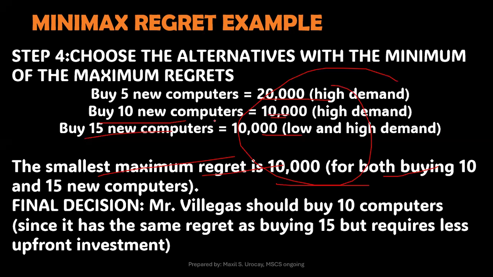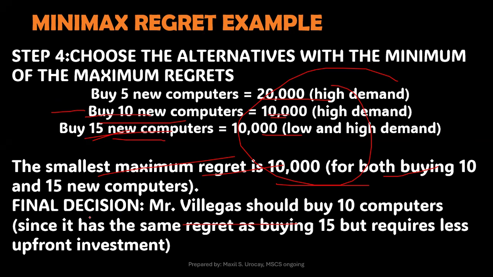So the final decision for Mr. Villegas: he should buy 10 new computers. If he buys 10 computers, it will be a small amount of money that he will pay upfront, while for buying 15 new computers it will be a lot of money upfront.